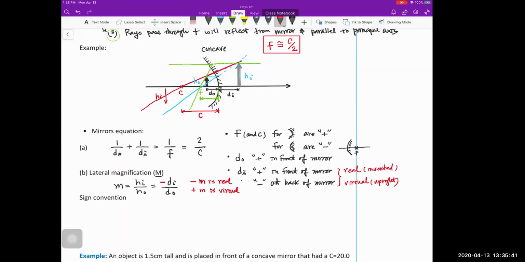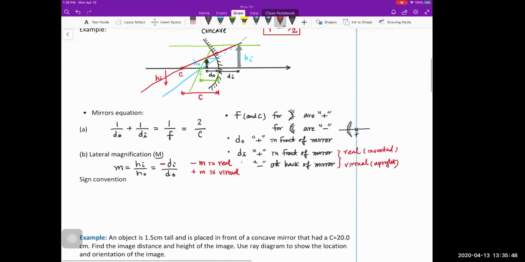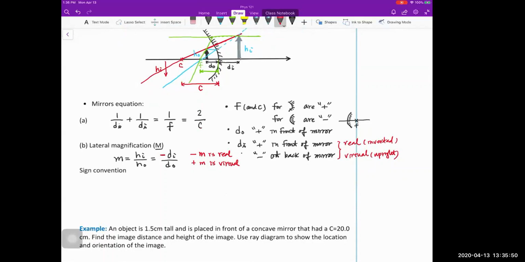Okay, any questions about this part? About the height of the image, h_i, if it's positive or negative, what does that tell you about the image? If it's negative, it's real.